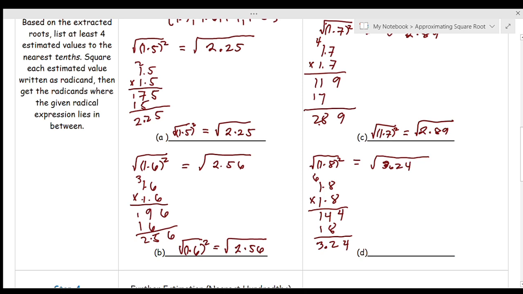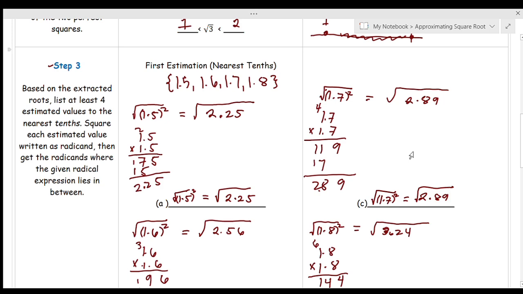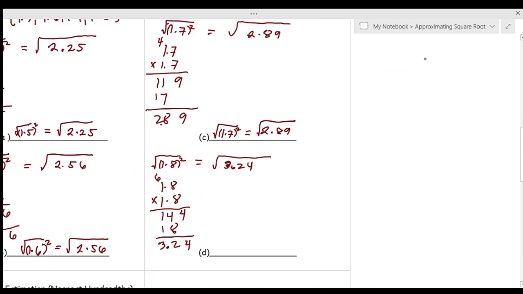So meaning to say, since nakita natin na yung the square root of 2.89 and then the square root of 3.24, etong gitna, meaning to say, nandyan po natin matatagpuan yung square root of 3.